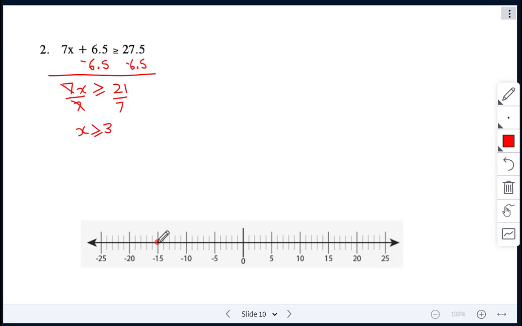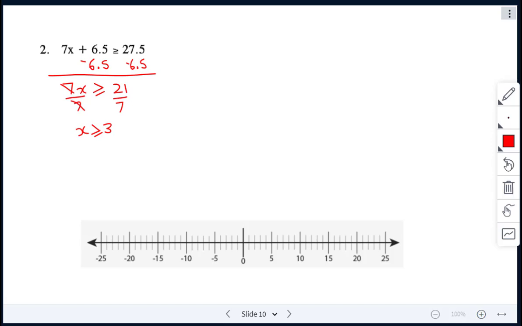Okay, so the first method, at 3, 1, 2, 3, I would have my filled in circle like so. And because it's greater than or equal to 3, I'm going to point my arrow to the right. All right, and then I'll show you the other method. I'm just going to delete that.